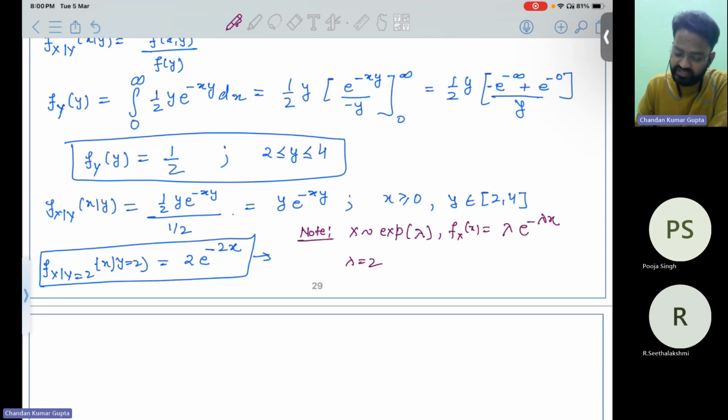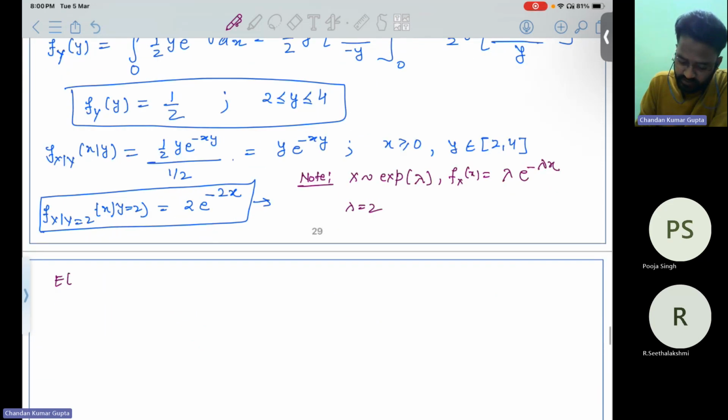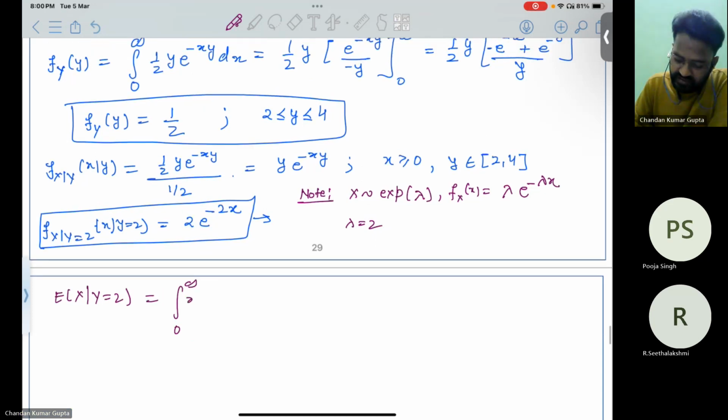So you may either solve this with the usual method, like expected value of x given y equal to 2, which is the integral over x from 0 to infinity of x into 2 e to the power minus 2x dx.